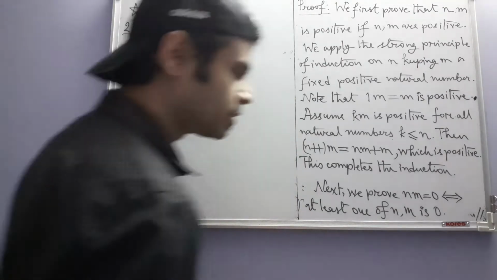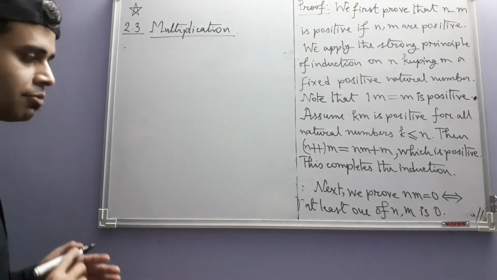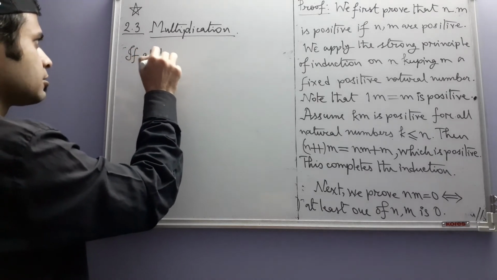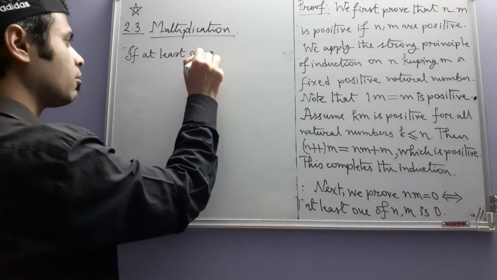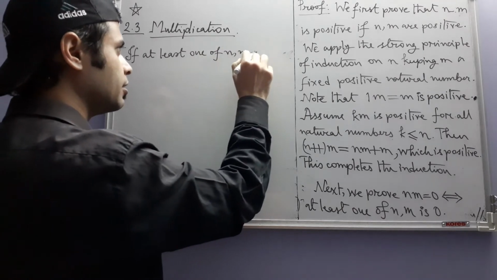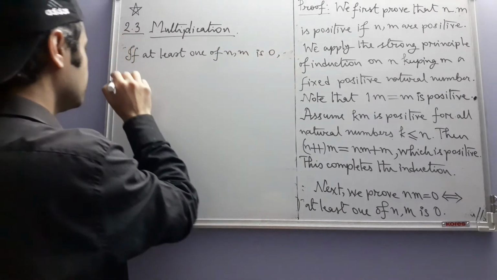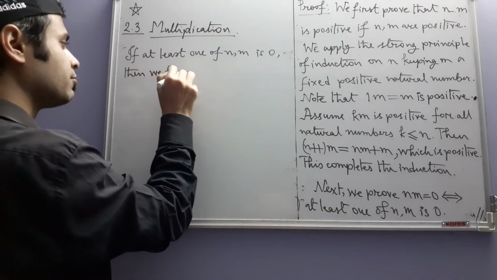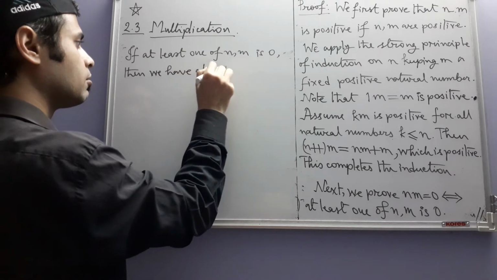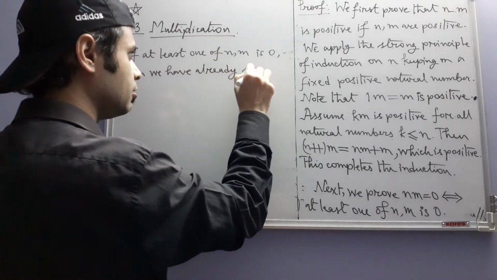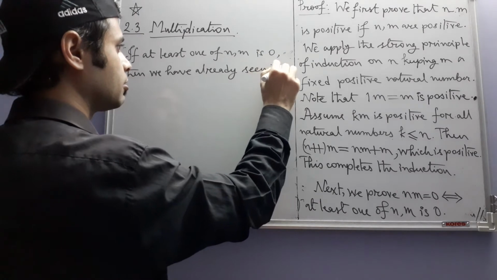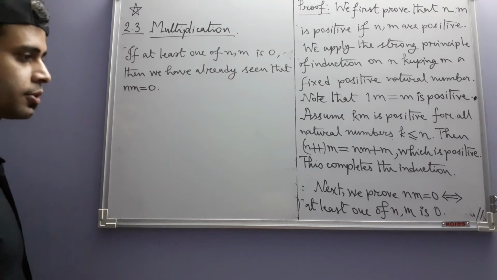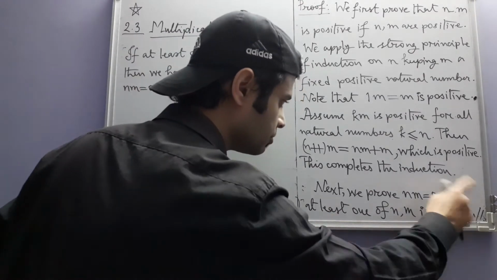Okay, it is not trivial, but it follows from what we have already proved. If at least one of n and m is 0, then we have already seen that nm is 0. So if this is true, then this is true.